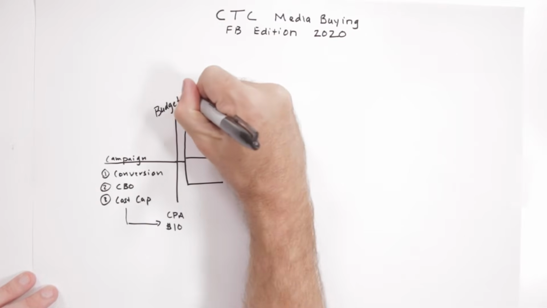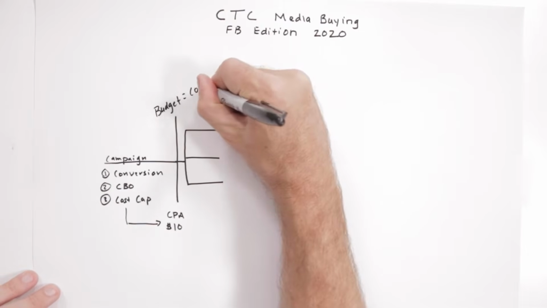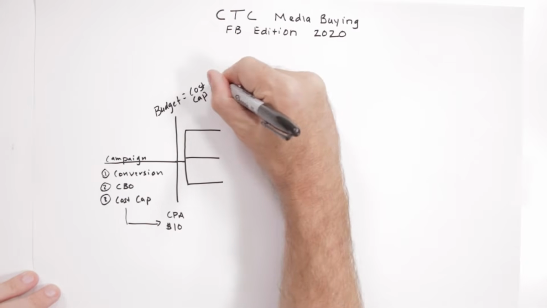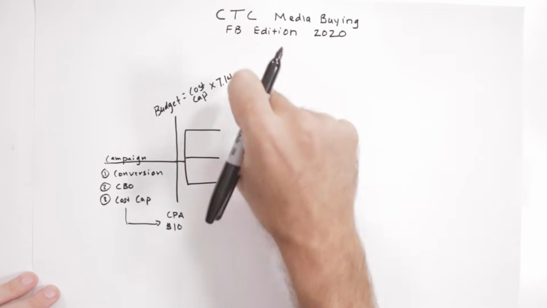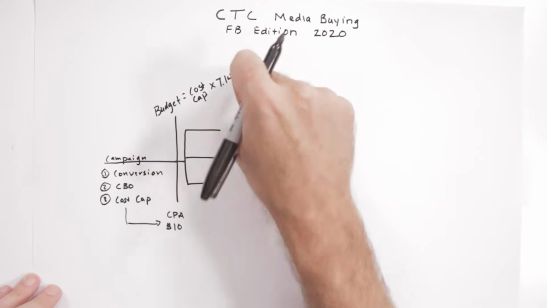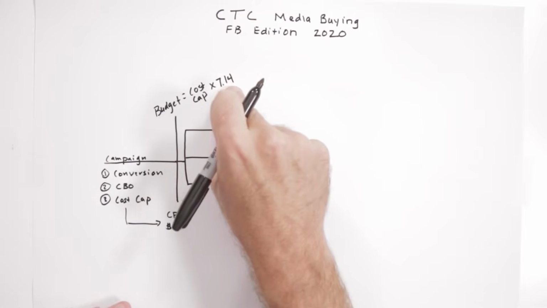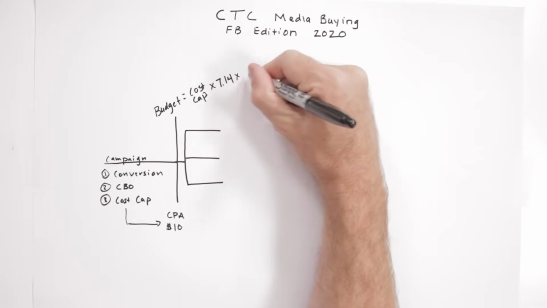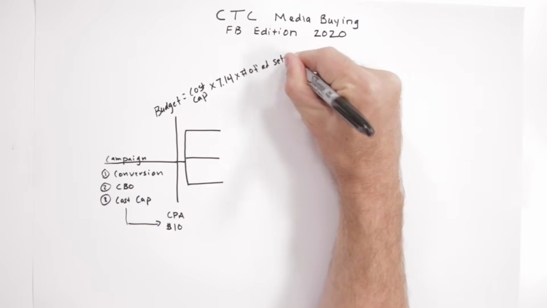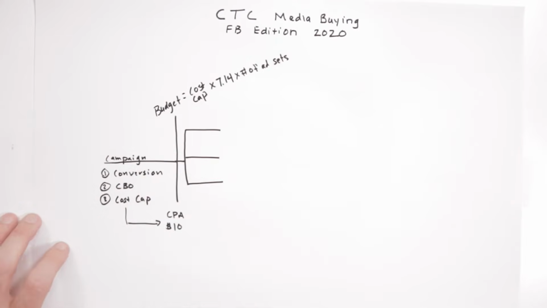And the way that we want to think about budget, your budget is going to equal your cost cap, in other words, your CPA target, times 7.14, which is the 50 purchases that Facebook requires to optimize an ad set in a week. Because we set budgets at a daily level, this is 50 divided by 7.14, times the number of ad sets, okay? This is the minimum budget you should have for any campaign that you set up using CBO.